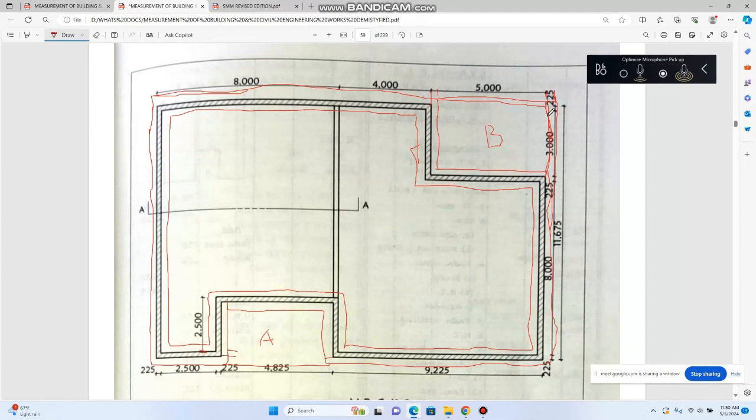Yes, we can add 225. We minus again 225 on this side and the other side. Only one side we can deduct. So only one side we can deduct 225. So what is the width of void B?